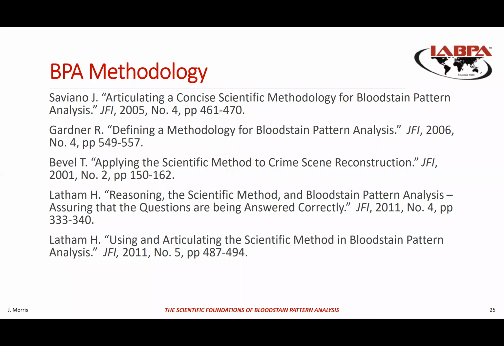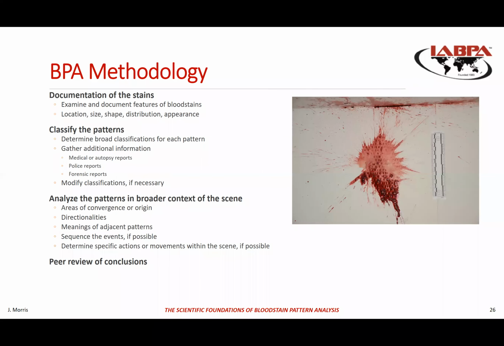Now, when I'm asked, what is your method, Jeremy? What method do you use in bloodstain pattern analysis? Here's my method. It has 4 steps: documentation, classification, analysis, and peer review of conclusions. Those are the steps that I use.